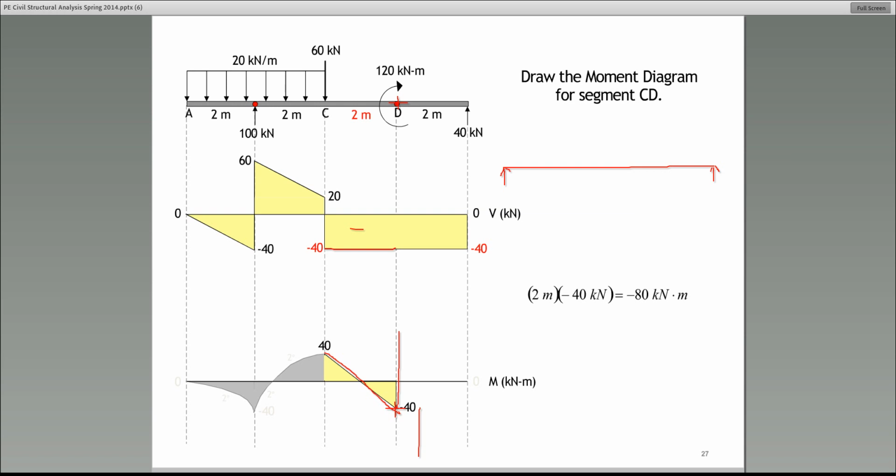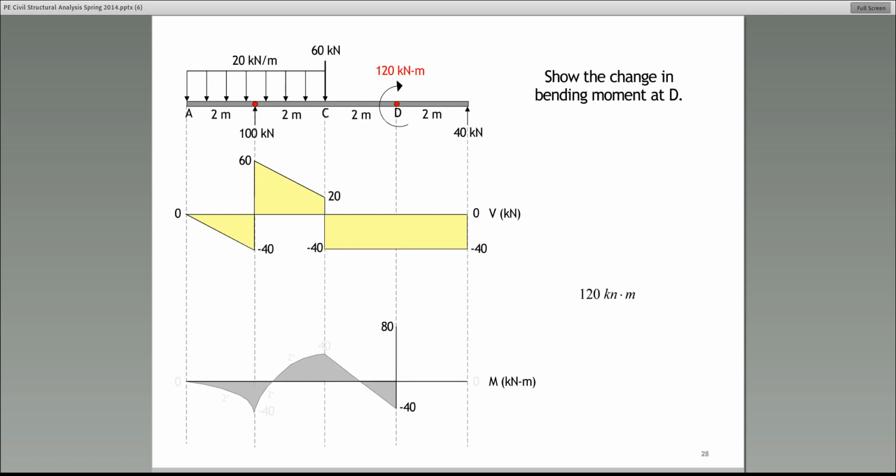But for now, please remember, if you have a beam and you have a concentrated moment, like the one that we have here, somewhere intermediate to the supports, that means not at the support, but somewhere between the supports, this is the rule. If that moment is clockwise, treated as a positive moment. If it's counterclockwise, treated as a negative moment. In this case, it's clockwise. Therefore, its effect is going to be an abrupt change in the positive direction.